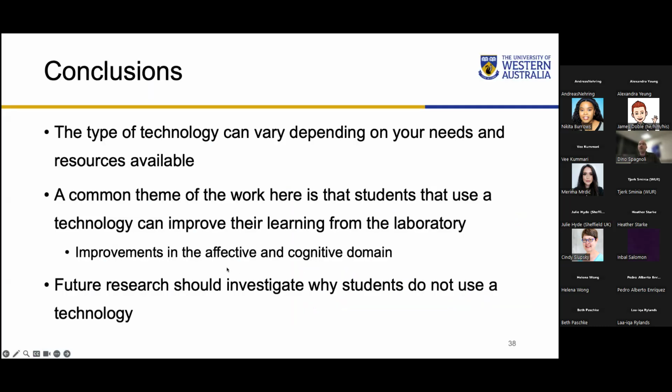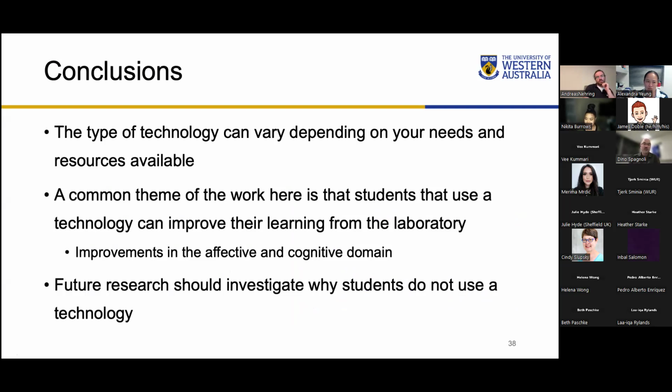So in conclusions, I think I'm hopefully on time, and there's time for questions later on, that these technologies are very good at helping students work in the affective domain and also the cognitive domain.